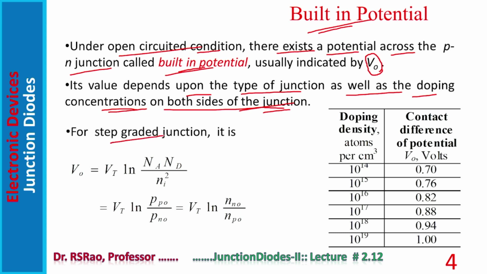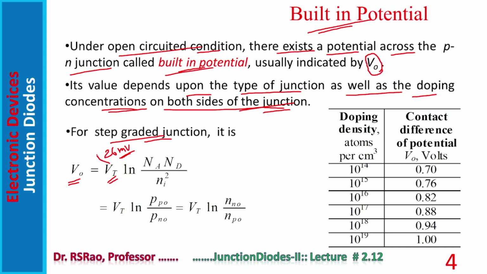For a step graded junction, V0 can be found equal to Vt. Vt stands for volt equivalent of temperature. Its value is equal to 26 millivolts at room temperature.